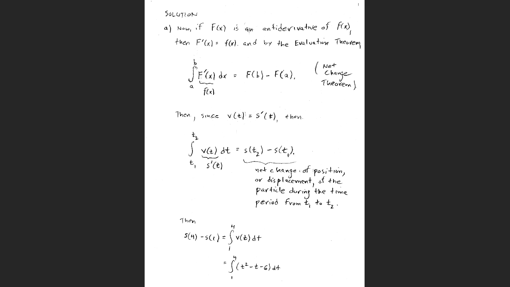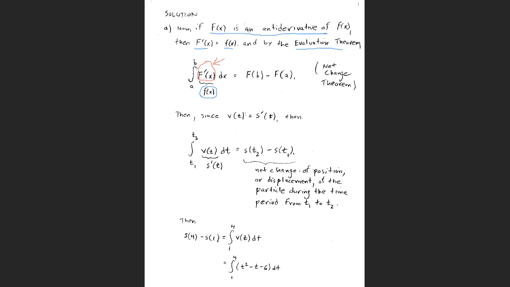So remember, by the evaluation theorem, if you have an antiderivative of your function, then the derivative of your antiderivative equals the function. And so we can express our function f of x as the derivative of the antiderivative of that function.